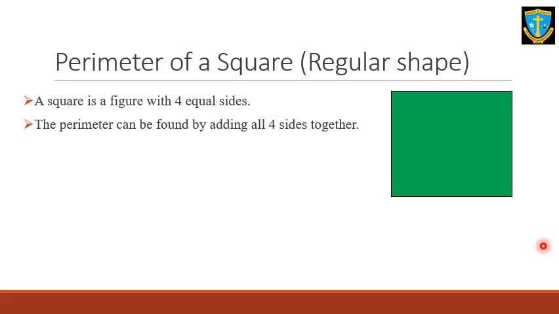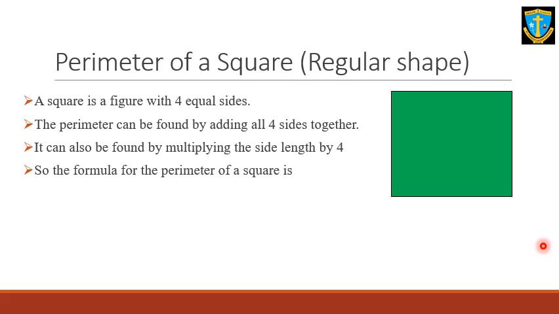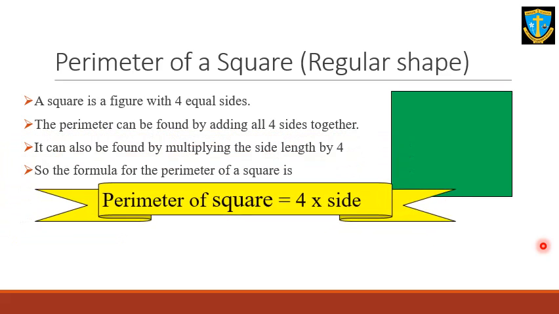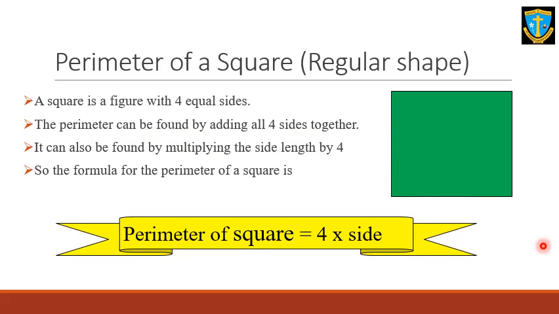Also, the perimeter can be found by adding all 4 sides together, or in a shorter way, we can find it by multiplying the side length, whatever length is given, by 4. So the formula for the perimeter of the square will be perimeter of the square is equal to 4 multiplied by the side.